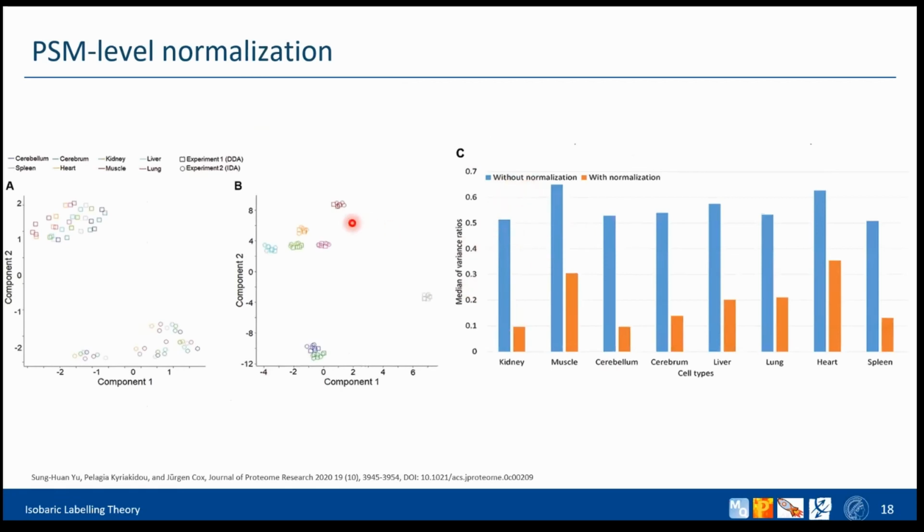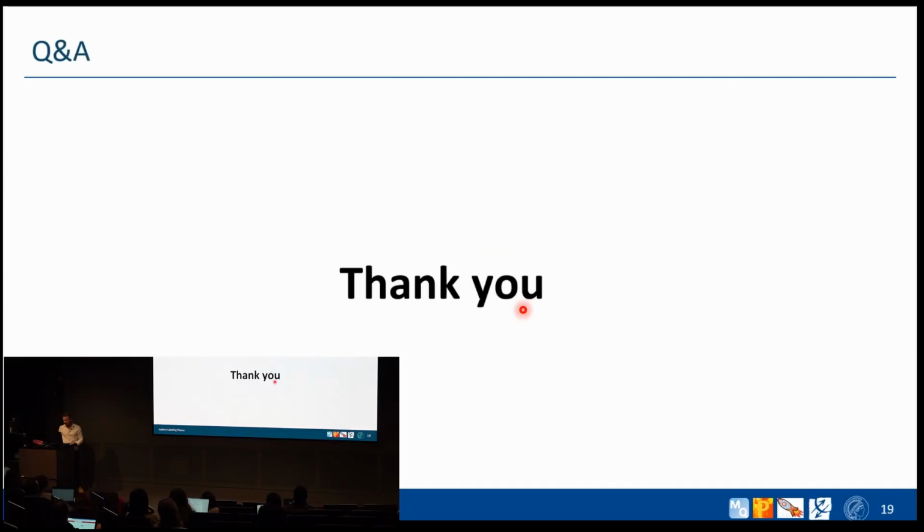And again, we see that we now have compact clusters and a much smaller variance within the cell types. Okay. That's all from the theory.